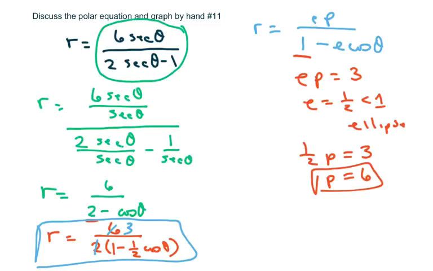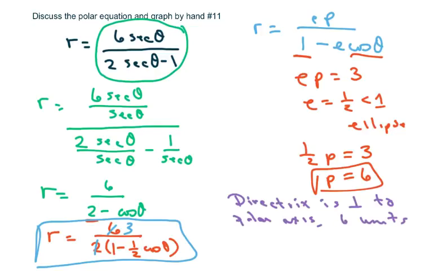Now, I know it's an ellipse. We have cosine here, so the directrix, since it's cosine, is perpendicular to the polar axis, and it's 6 units.